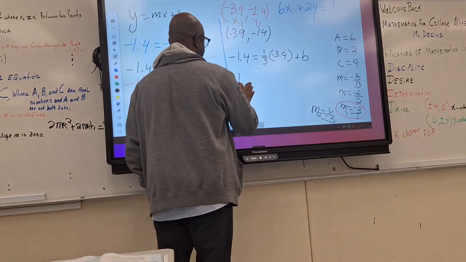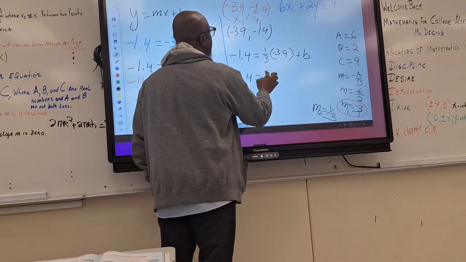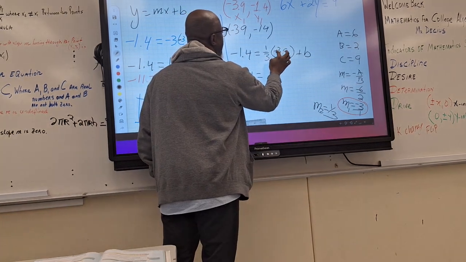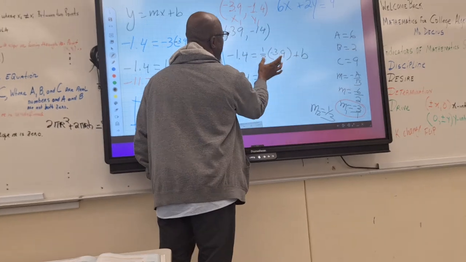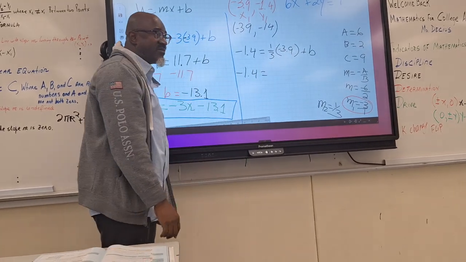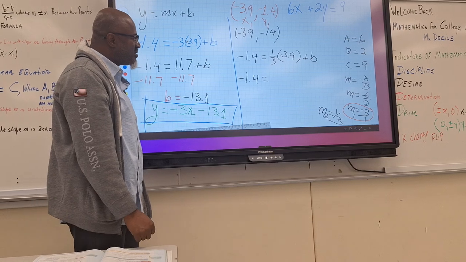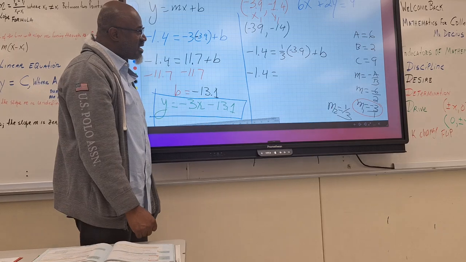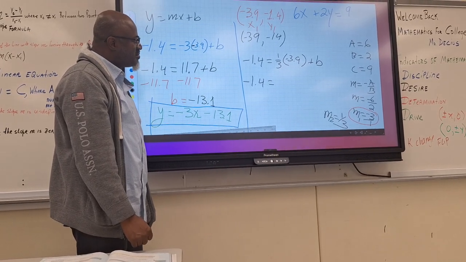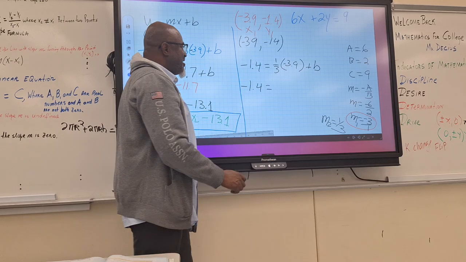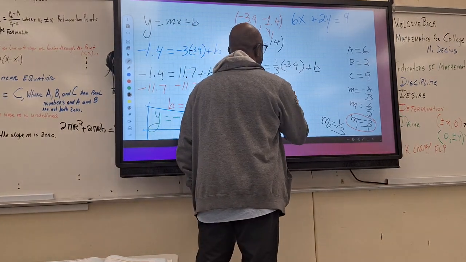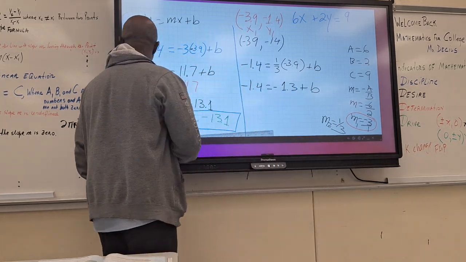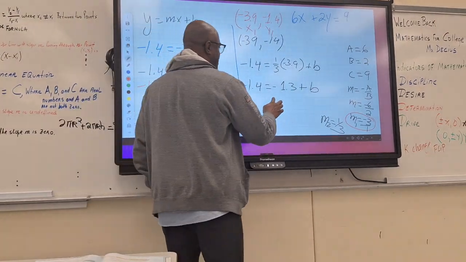I will have negative 1.4 equals negative 3.9 divided by 3, since 1/3 means divide by 3. What is negative 3.9 divided by 3? Negative 1.3 plus b. How can I find b? Add 1.3 to each side.